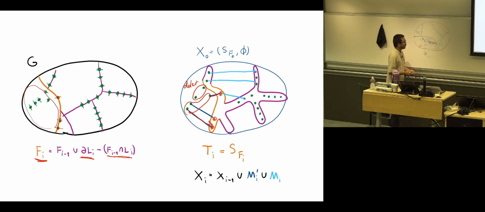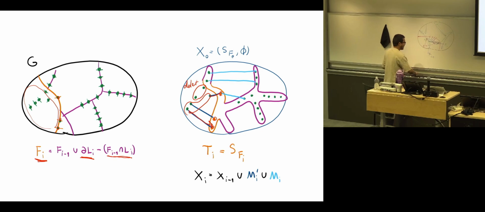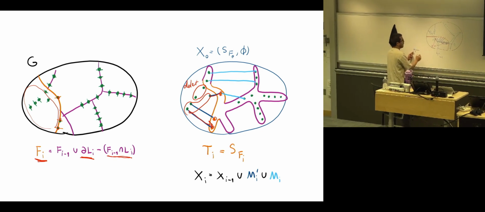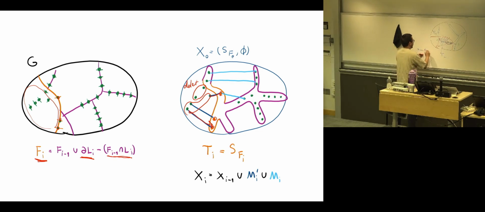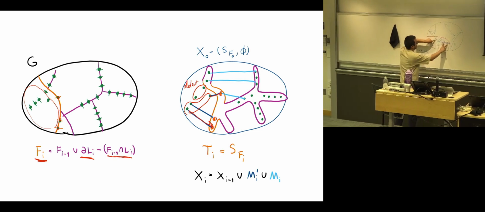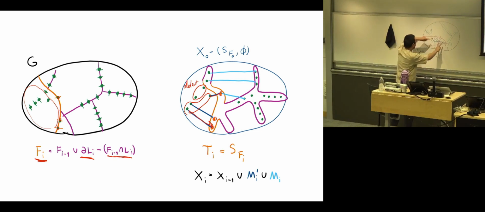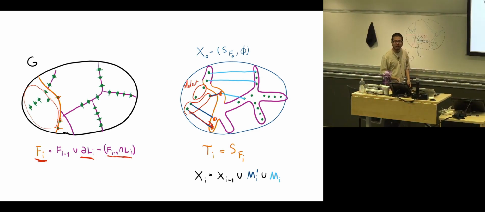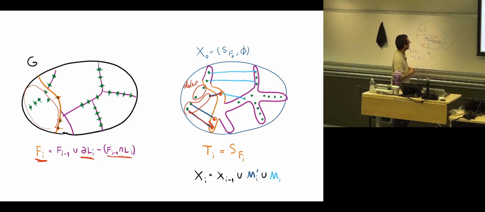Because the way that we define the new F_i is just F union the cut, and we remove F intersect L. So only this guy becomes active, and this guy will not be in my new separator anyway. So I can just delete them too.